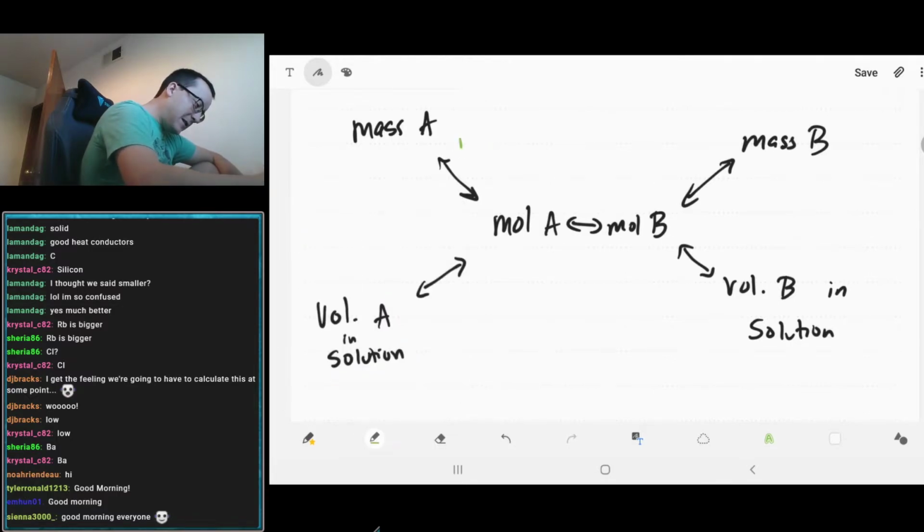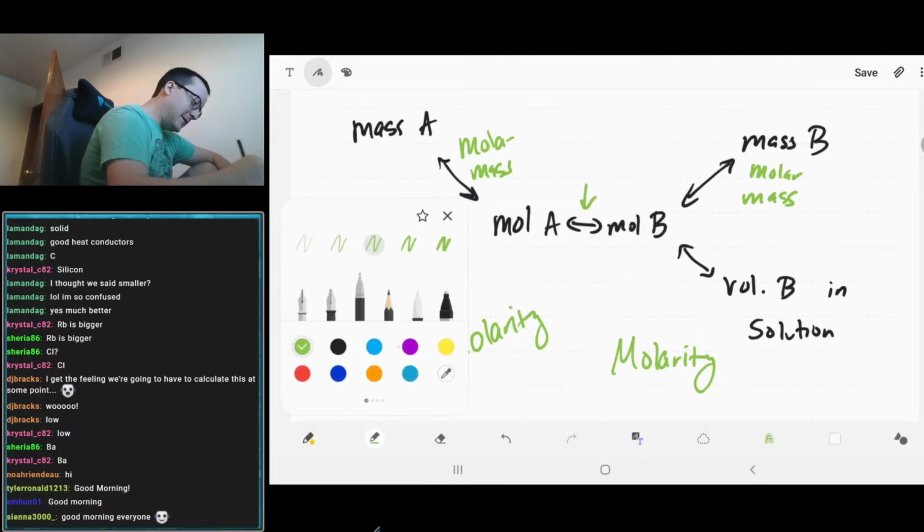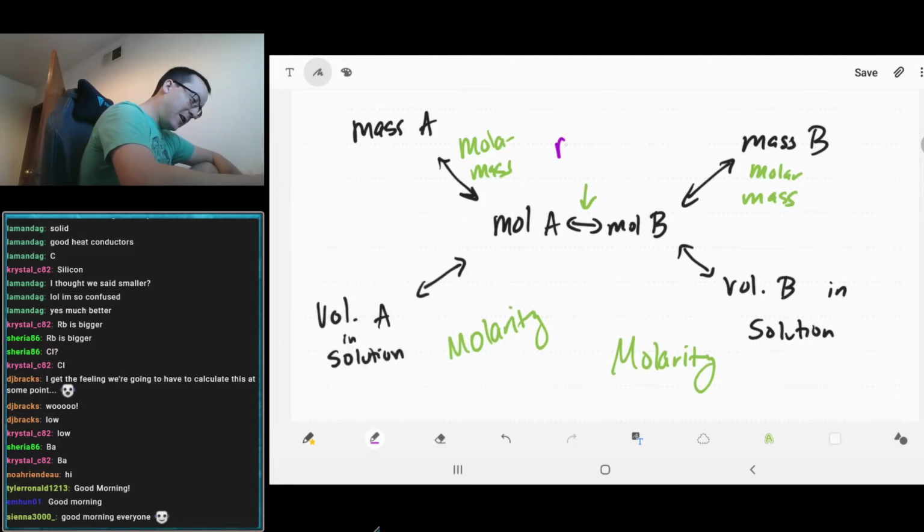So remember, this is the molar mass up here. And now these are molarity. Let me just erase those arrows. I don't know why I put them. And as always, the almighty reaction coefficients.